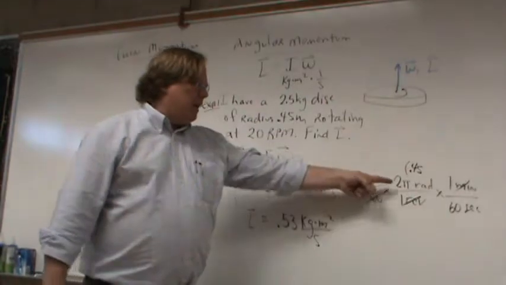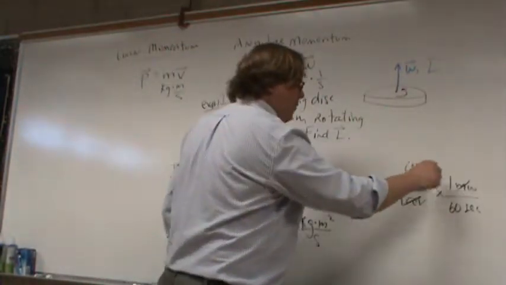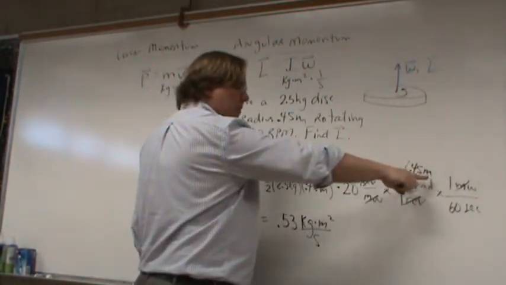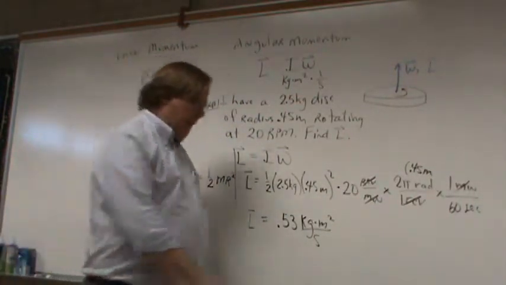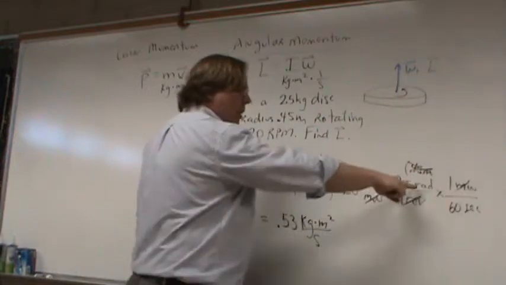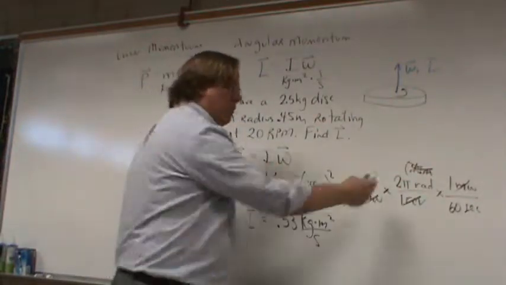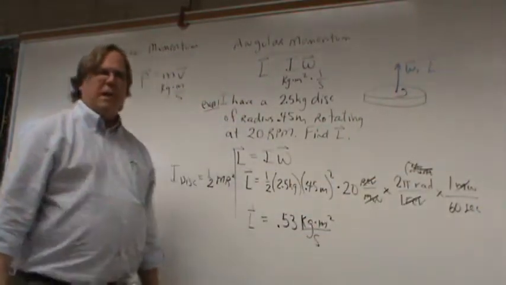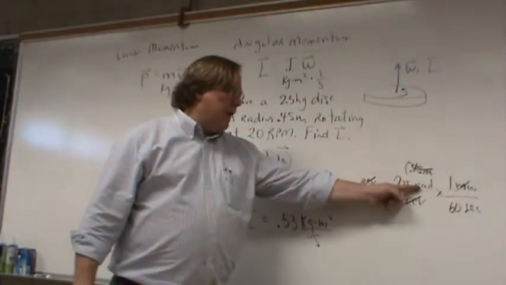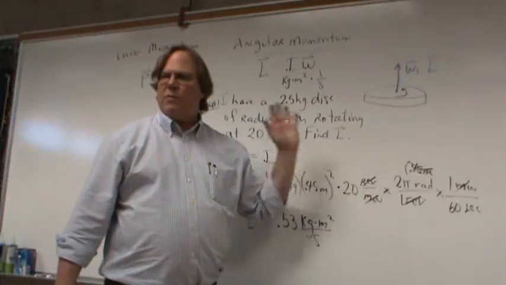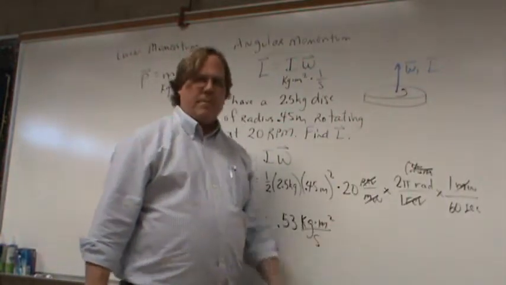Beautiful. Because if I wanted to put 0.45, that's meters, I would be finding velocity. I'd be finding meters per second, but I don't want meters per second. I want radians per second. So it's just 2 pi radians per revolution. So resist the temptation to put 2 pi r there. You're converting to radians, and that's just 2 pi radians per revolution. Don't put the r there.